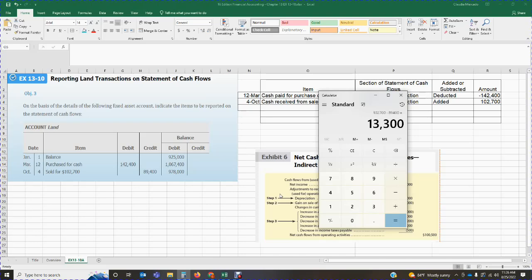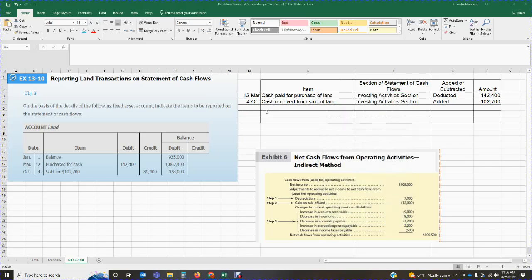Where are we going to report that gain? So on October the 4th, we have a gain on the sale of land. So what's going to happen with that gain?